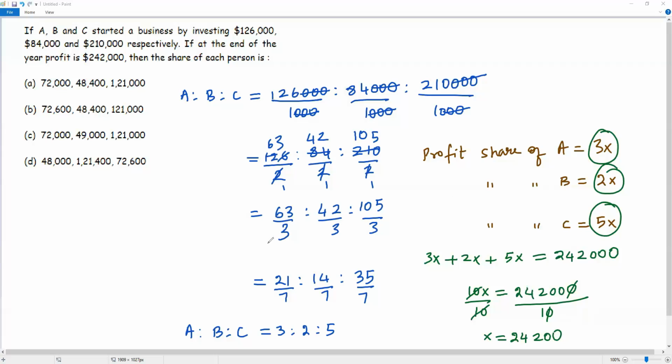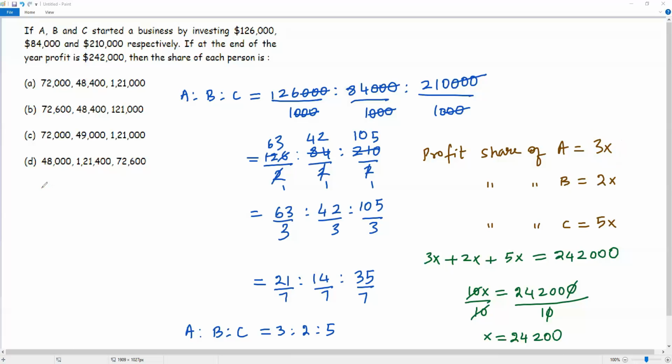Let's do it. I'm going to multiply 3 and X. The value of X is 24,200.